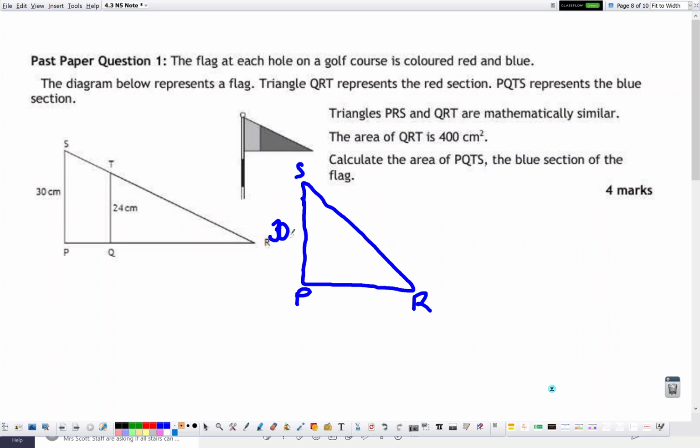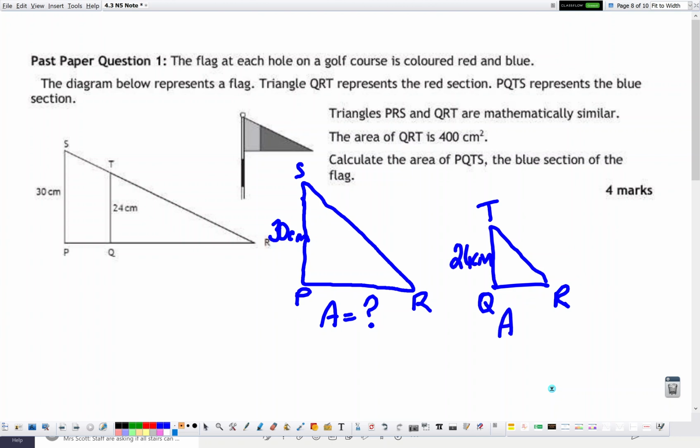That's 30 centimetres here, and the area is what we're trying to figure out. The smaller triangle is Q to R to T, and that vertical height is 24 centimetres. The area of this is known to us, it's 400 centimetres squared.